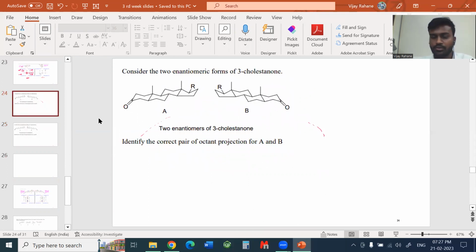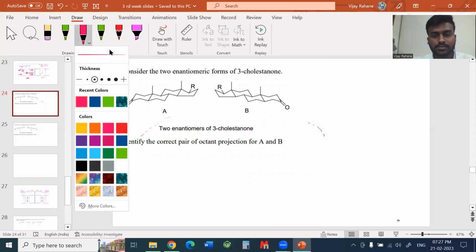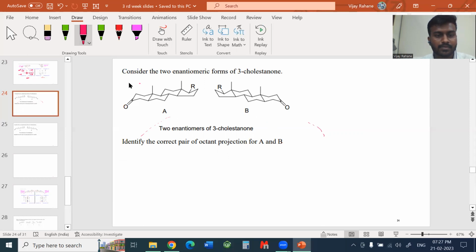Here, we will draw for the A molecule first. Since we can see here the carbonyl carbon is on the leg of the chair, whatever we see, we will do opposite.